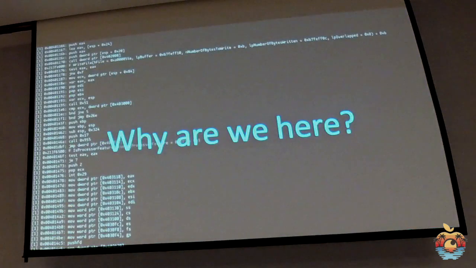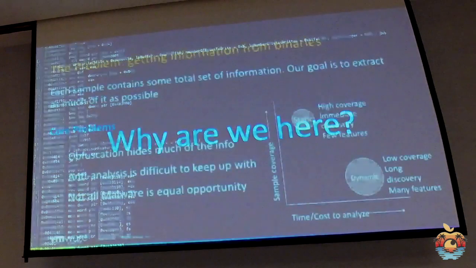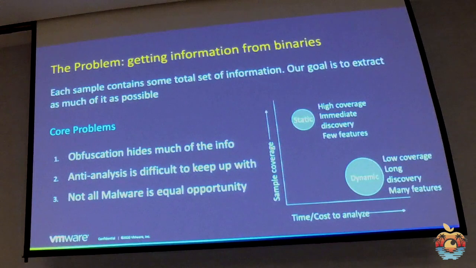So why are we here? What is the point of all this? Why do we need binary emulation, especially for Mac? So the problem is with static analysis, you've got static analysis and you've got dynamic analysis, right? With static analysis, it's very fast. There's high coverage. But if we've got any sort of obfuscation, for a regular program, it's not such a big deal.